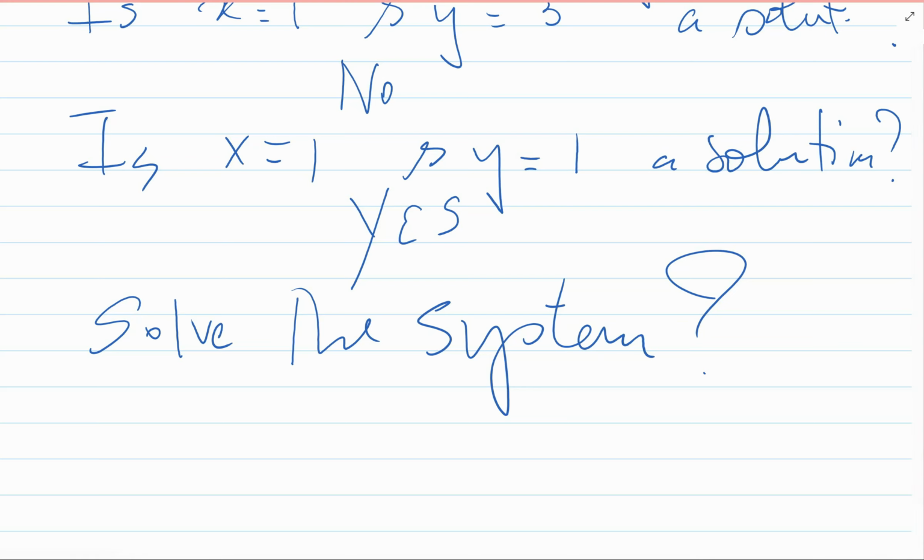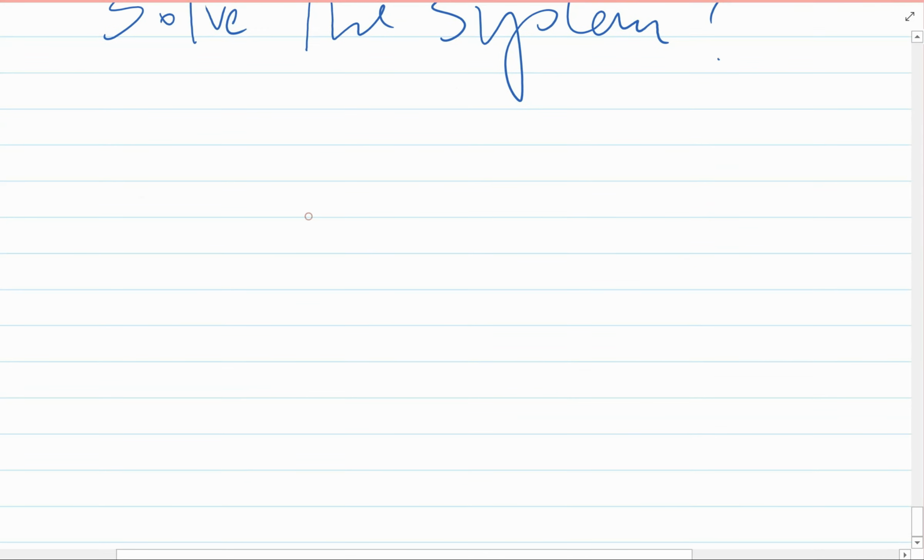It's another story altogether, extremely difficult, to solve the system, to make the unknown known, or if you want, find all possible solutions. So this can complicate the matter very much.